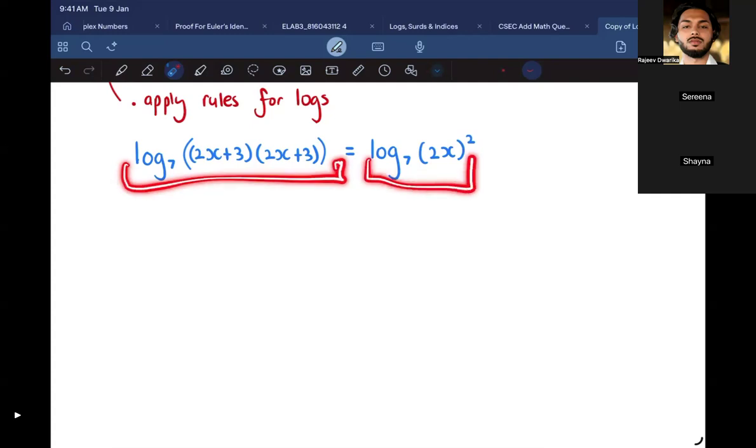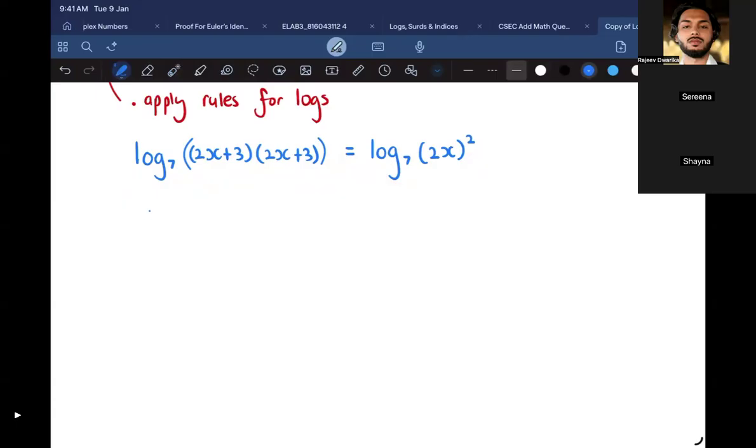And on this side, one. So what are we allowed to do at this point? Drop the log terms. Right, we're allowed to drop them. So drop logs. I'm going to write (2x plus 3)(2x plus 3) equal to 2x squared.